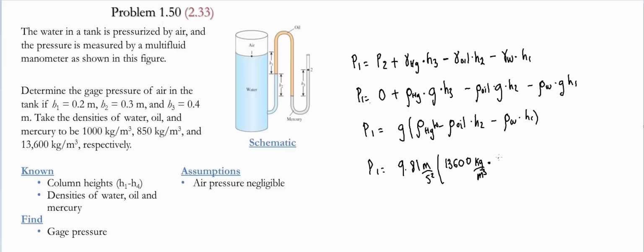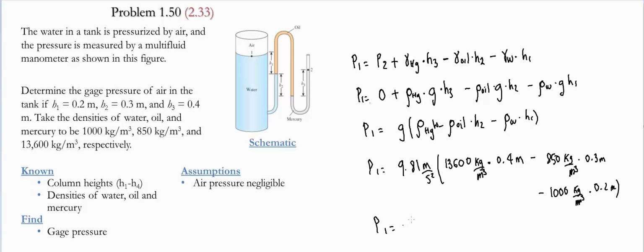The value of H3 is equal to 0.4 meters, minus the density of oil, which is equal to 850 kilograms per meter cubed. The value of H2 in this case is equal to 0.3 meters. And then lastly, the density of water is 1000 kilograms per meter cubed. And the distance in between is H1, which is 0.2 meters.